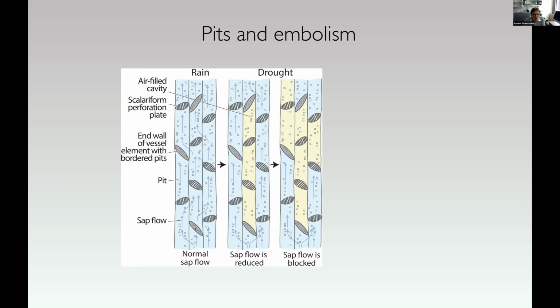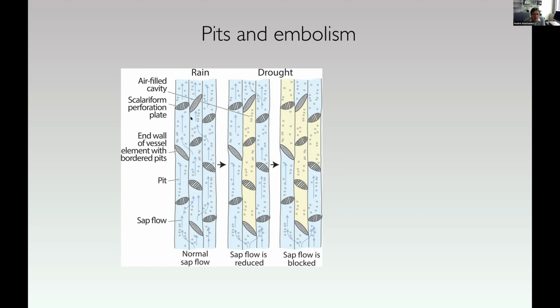You can see a vessel because at each end of the vessel there is a vessel element with bordered pits. And then in between the cells within the vessel, we have this perforated plate.